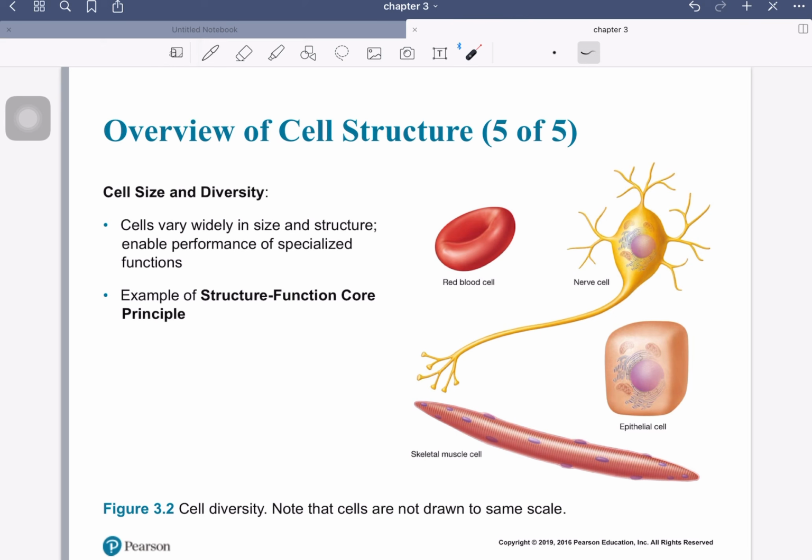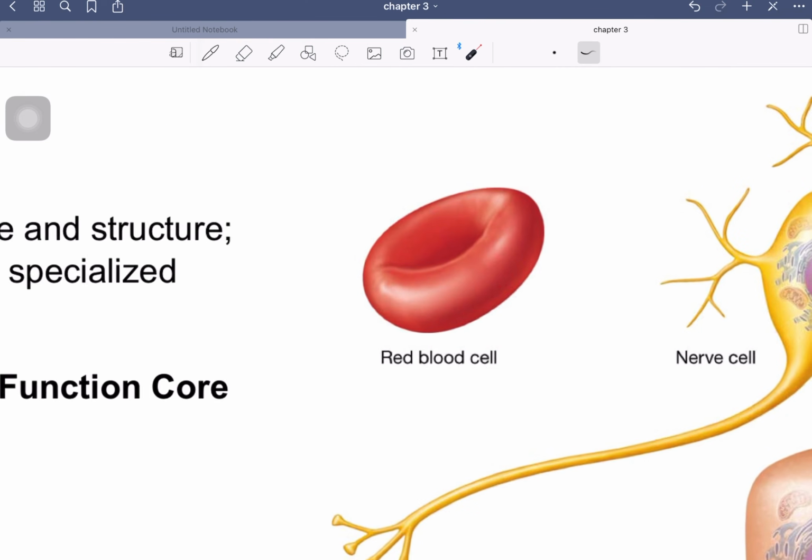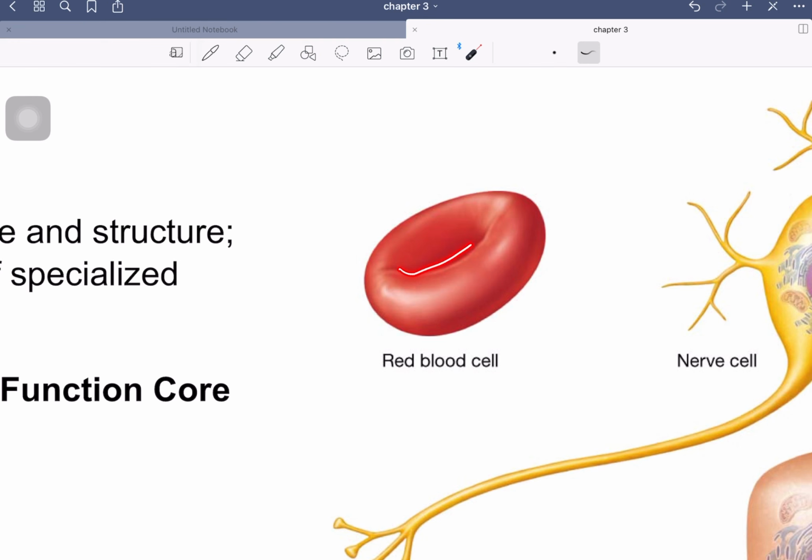So, let's talk a little bit about cell size and diversity. It's easy to fall into the trap of thinking that all cells are either square or round, and they're not. Cells do come in a wide variety of size and structure. And of course, remember, form and function go hand in hand. Let's just have a look at a red blood cell. A mature red blood cell is biconcave.